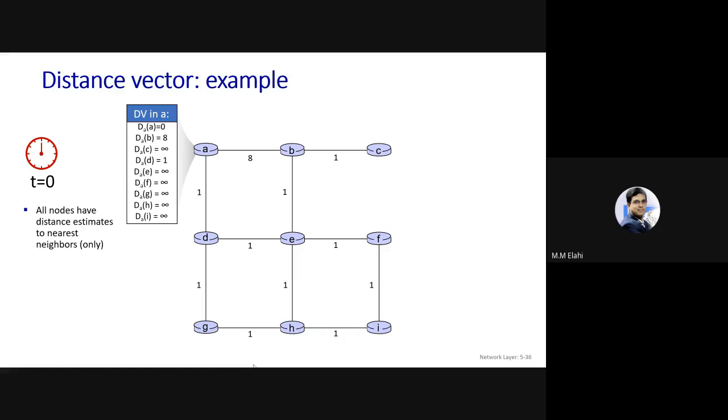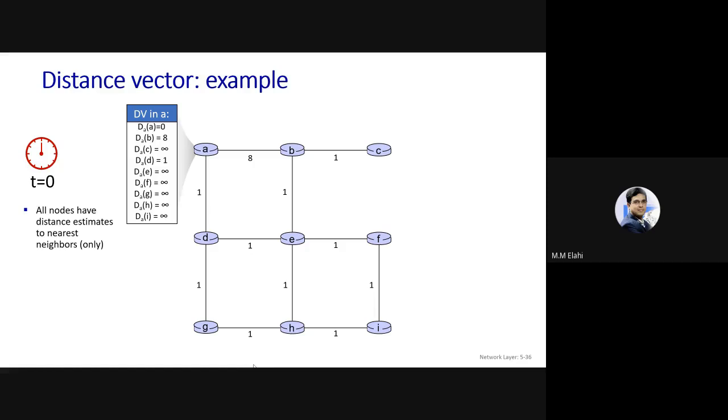So for the first step, or step 0, you will see which nodes have a direct connection from A, then you will update its distance vector. dA to A, definitely by default, is 0. Then dA to B, there is a connection and the cost is 8.